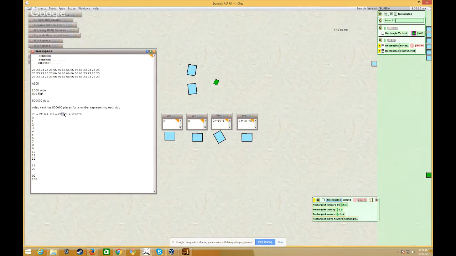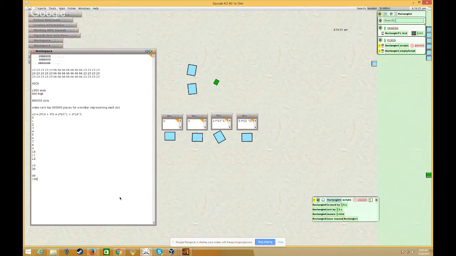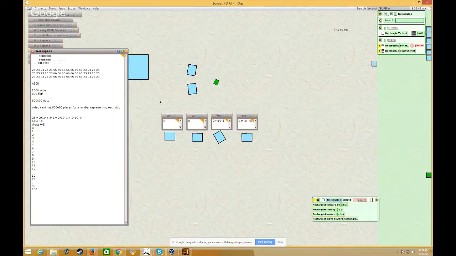Now the reason to go into all that is that 10, the base, can be changed. You can pick a different base. So say, for instance, I didn't want to use digits 0 through 9. Instead, I wanted to use another base.